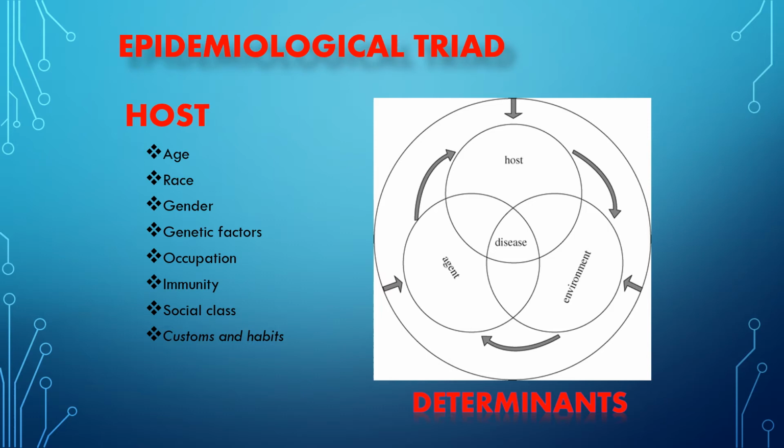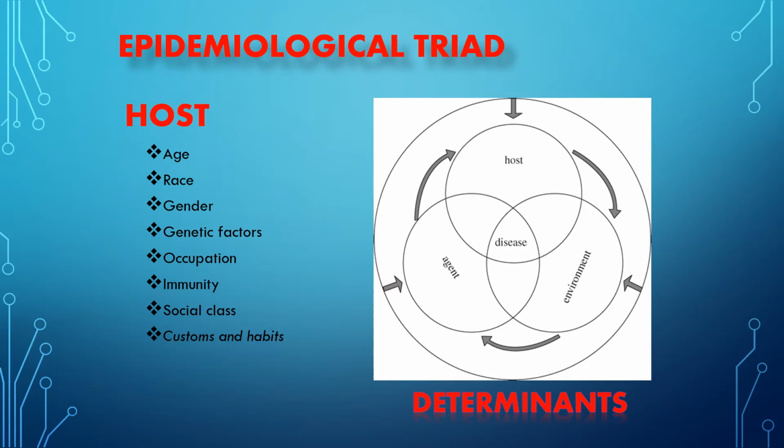Race is due also to the habit, alright, and Indians, due to the habit, have a higher chance of having oral cancer. Gender, males due to the habit also have a higher incidence of oral cancer.